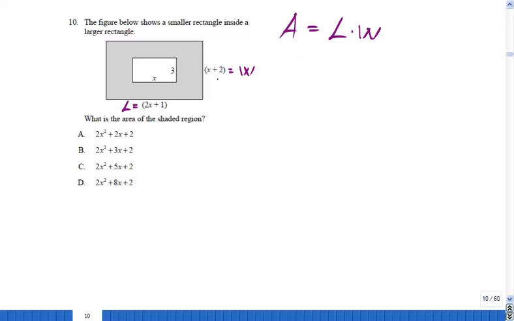So the area of the large rectangle, imagine that large gray rectangle before anything was cut. Imagine that this one inside here was actually not cut yet. So this is like a full gray big rectangle.